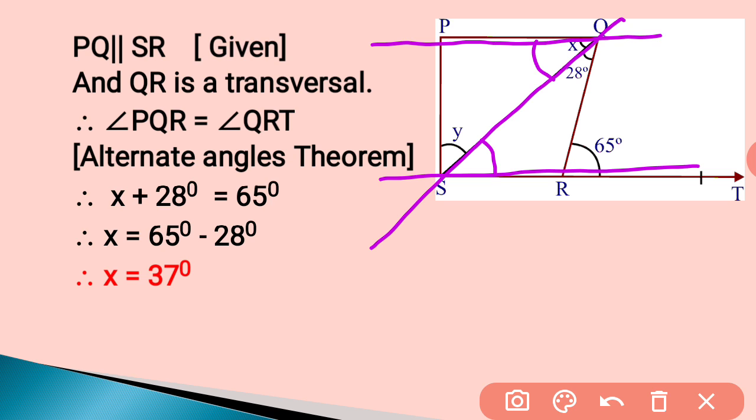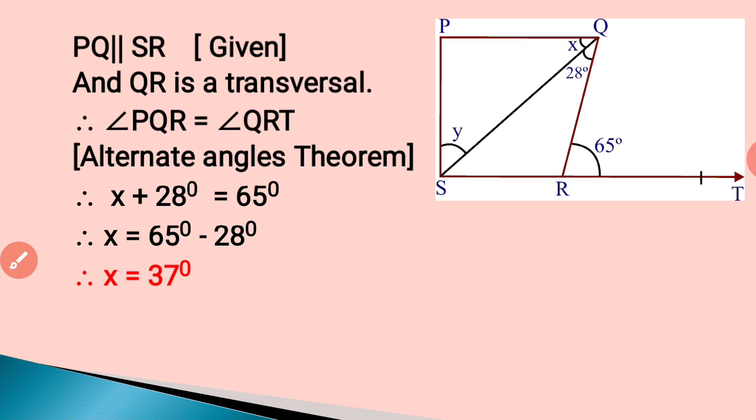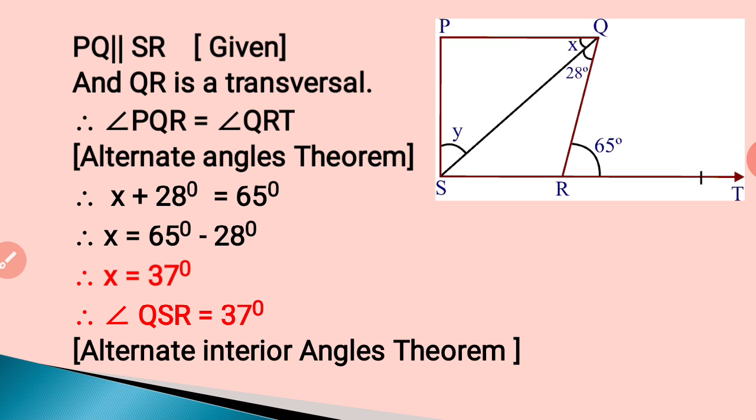As we have calculated the value of X, we will say that this angle is also equal to 37 degrees. So angle QSR is equal to 37 degrees by using the alternate interior angle theorem.